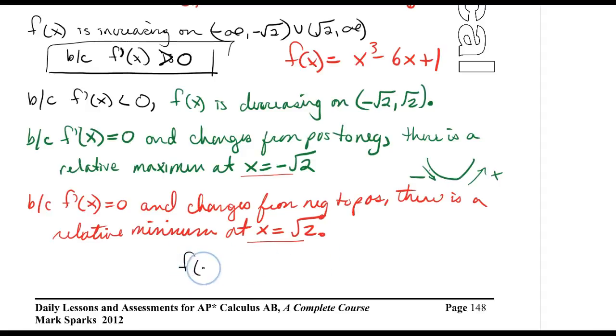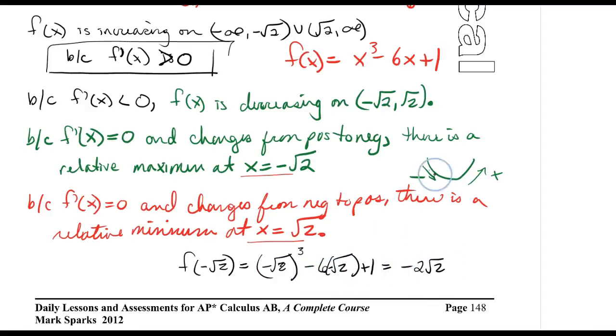F of negative radical 2 is negative radical 2 cubed minus 6 times negative radical 2 plus 1, equals radical 2 times radical 2 is 2, times radical 2 is negative 2 radical 2.